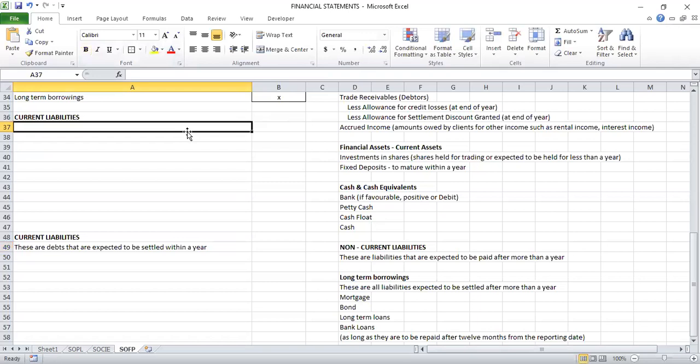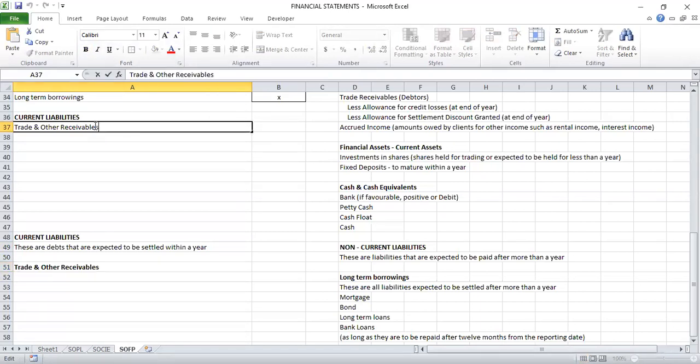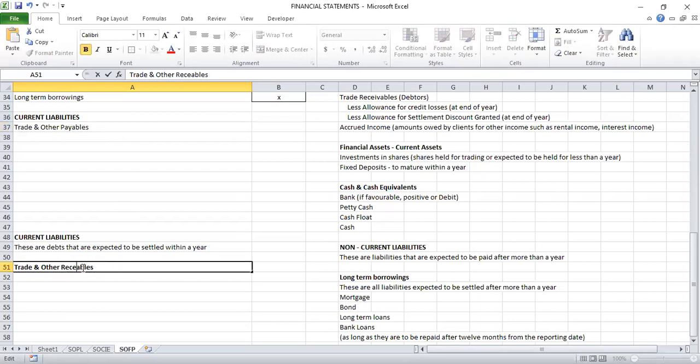Examples include trade and other payables. Sorry, not receivables, payables. Sorry about that. Receivables is an asset that we talked about when we dealt with current assets.